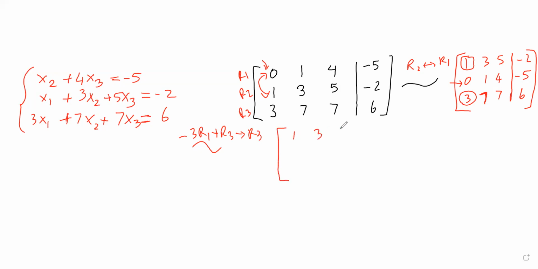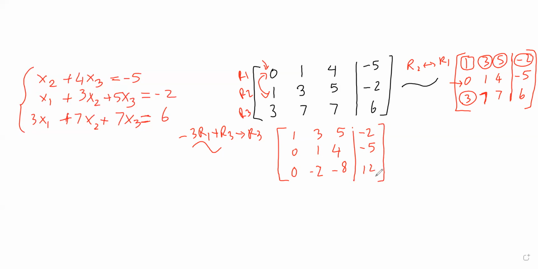So 1, 3, 5, -2, 0, 1, 4, -5, and this becomes 0. So -3 times -3 is -9. You add 7, that's -2. -3 times 5, that's -15. Plus 7, that's -8. -3 times -2, that's 6. And 6 plus 6 is 12.